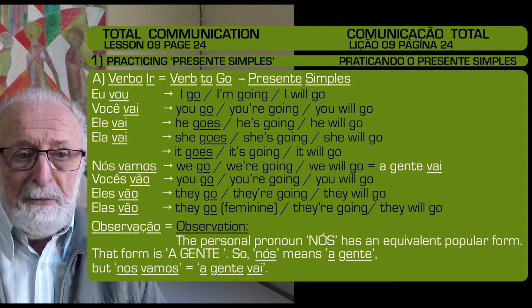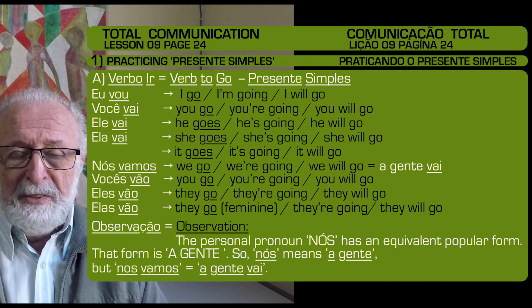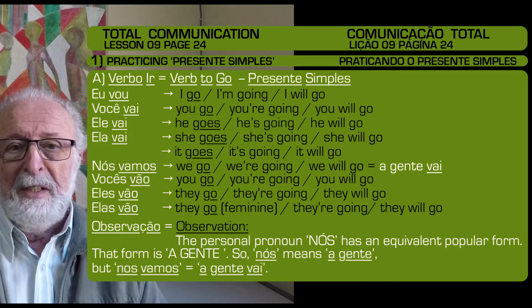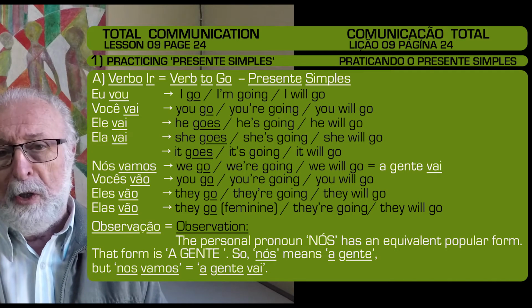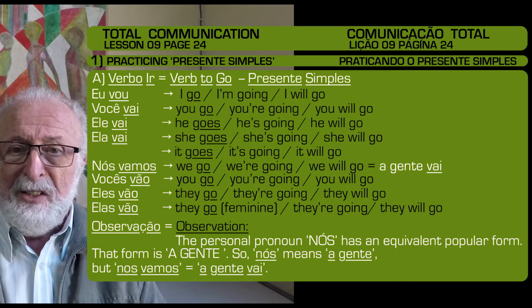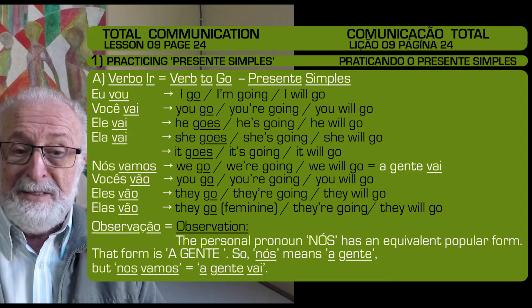Today we're going to practice the presente simples in Portuguese, which means four verbal tenses in English, but in this very first moment we're going to use three verbal tenses.